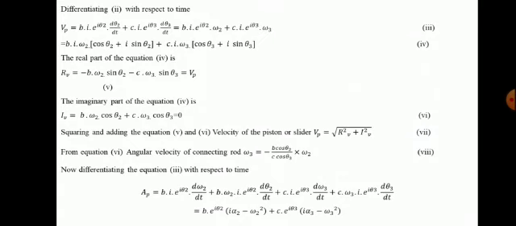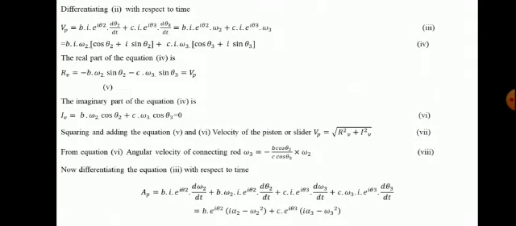b e^(iθ2) we will take outside, into i into α2, which is nothing but dω2/dt, minus ω2 square. Here dθ2/dt is also ω2, so this is also ω2 square.